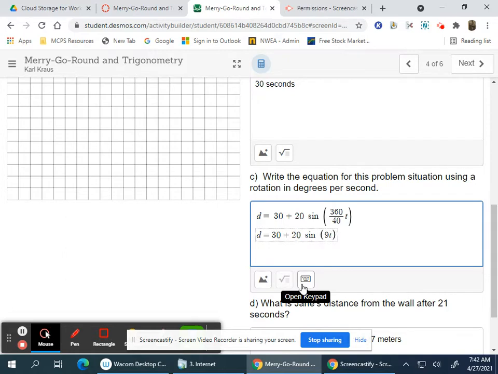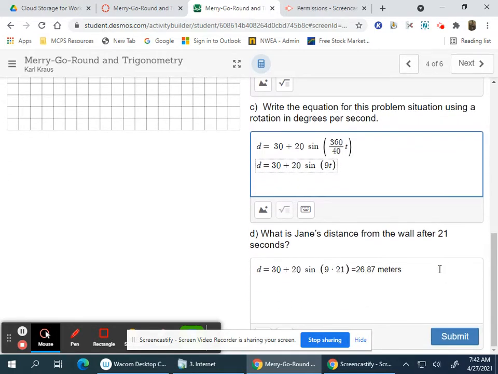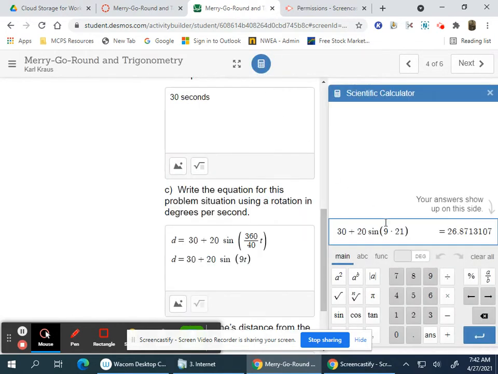The merry-go-round is rotating 9 degrees per second. And then at 21, plug in a 21 for t. So on the calculator, 30 plus 20 sine of 9 times 21 is 26.87 meters.